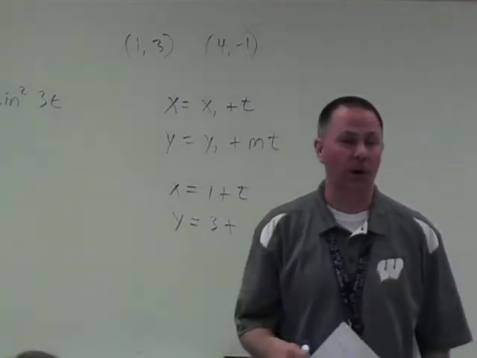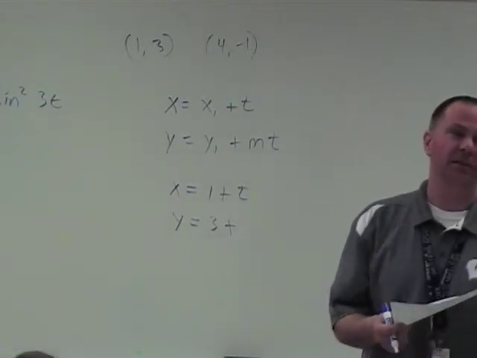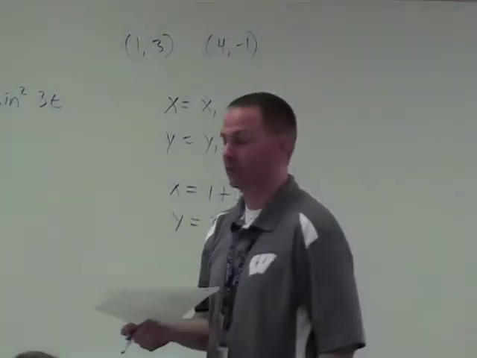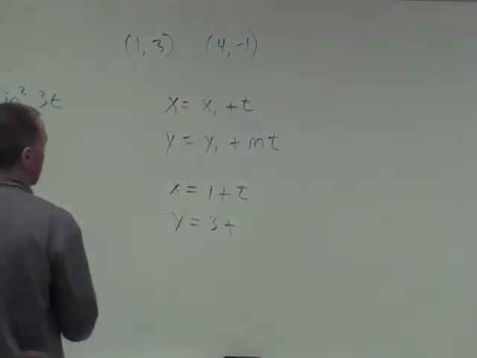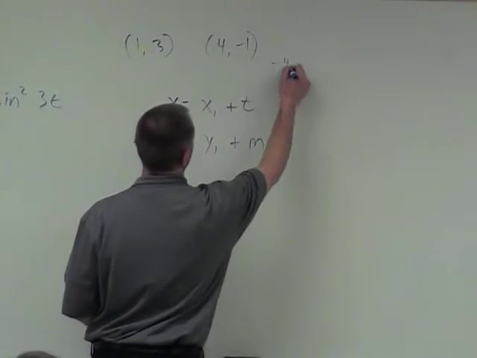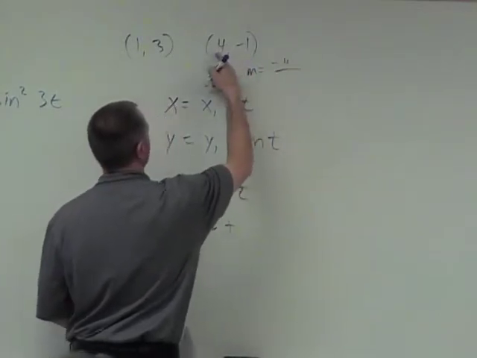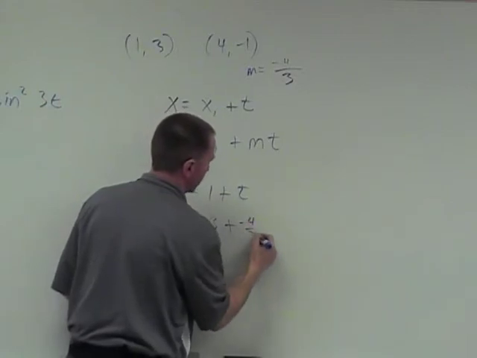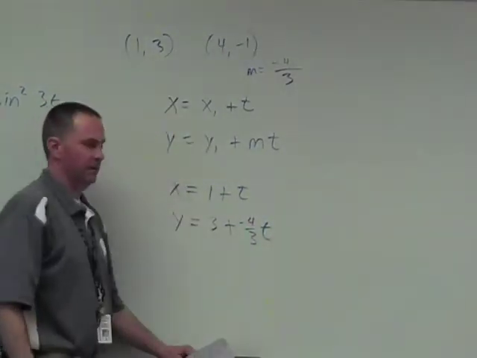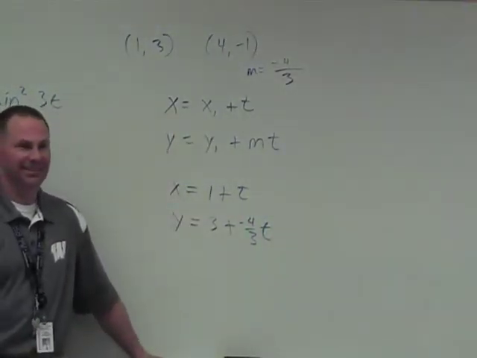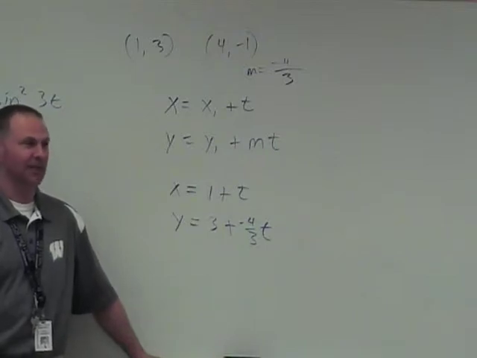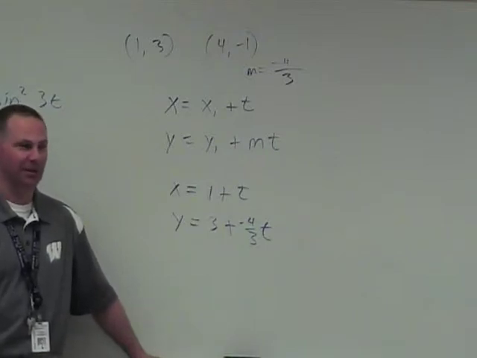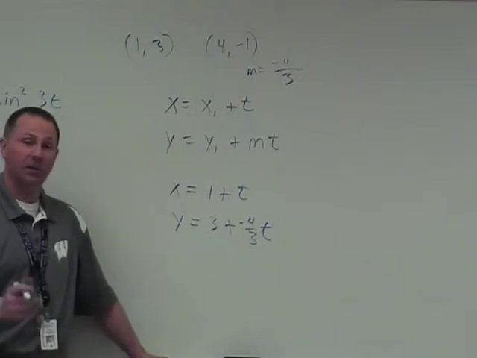How about the y values? Oh, changes of the y's over the changes of the x's. So -1 minus 3 is -4. 4 minus 1 is 3. So -4 thirds t. That's sort of right. You can't be sort of right in math. You gotta be all right.